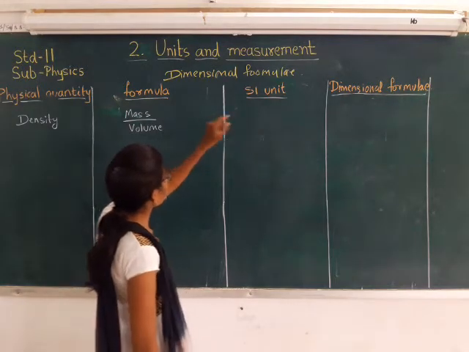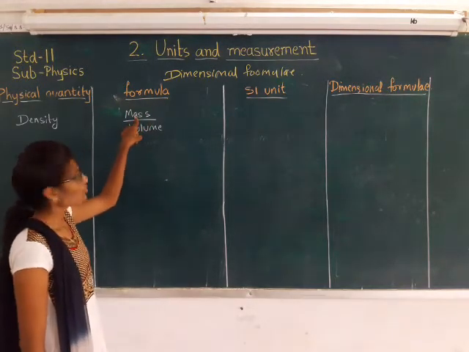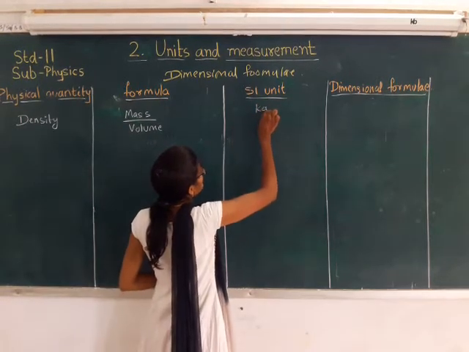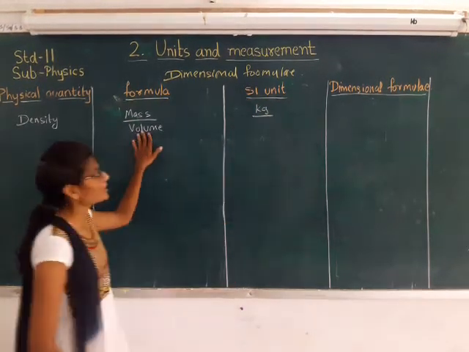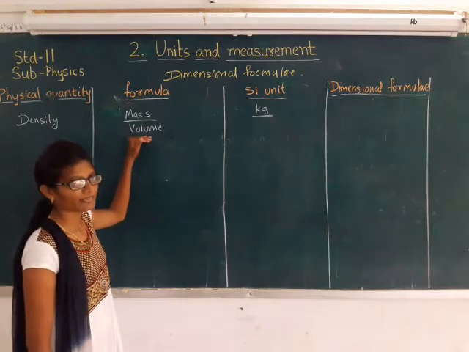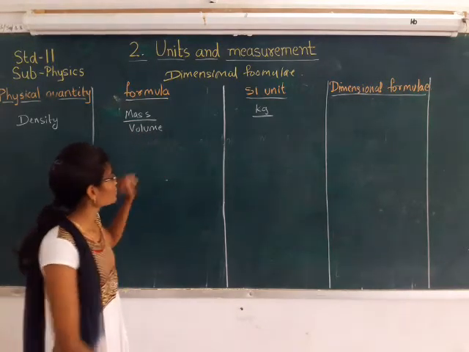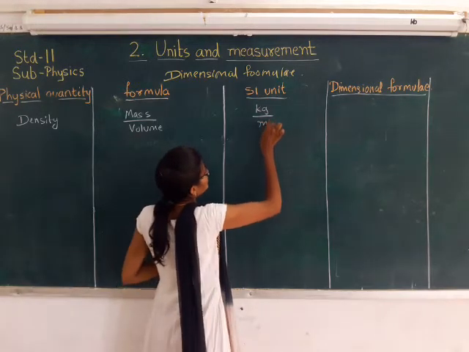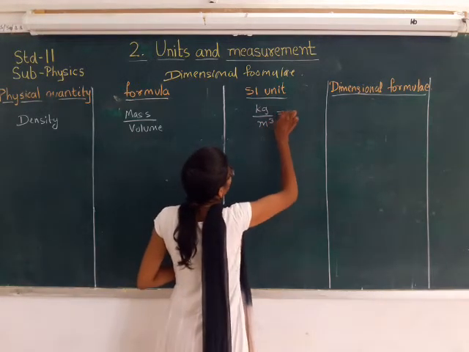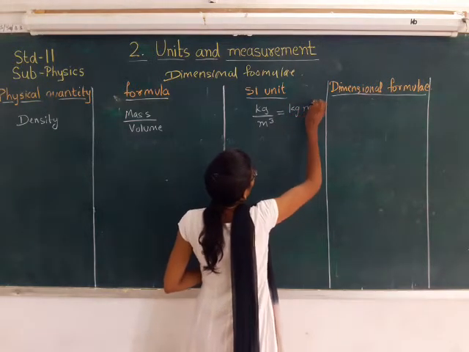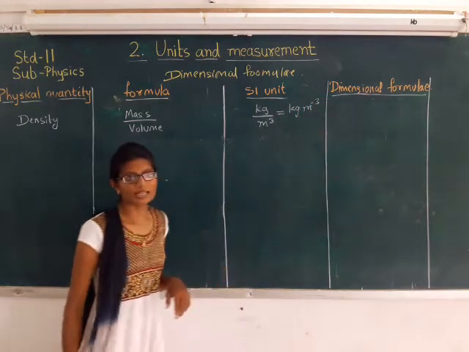And its unit can be written as, now see, in the numerator we are having mass and its unit is kg. In the denominator we are having volume, and the unit of volume, we already know, is meter cube. So it can be written as kg m to the power minus 3, right?